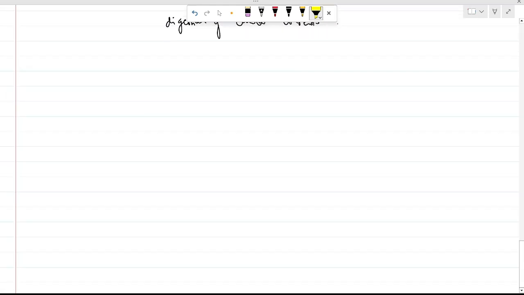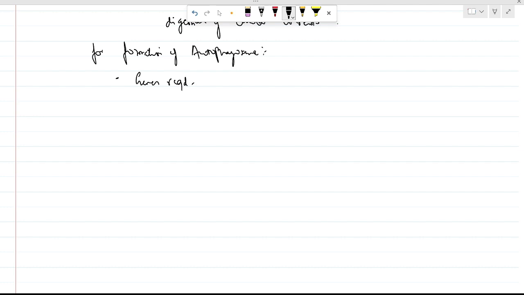Okay, now here in this autophagy, for formation of autophagosome, some genes are required. Genes are ATG genes, autophagy related genes.